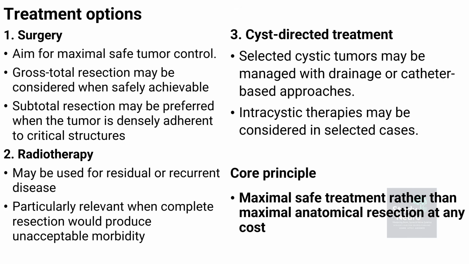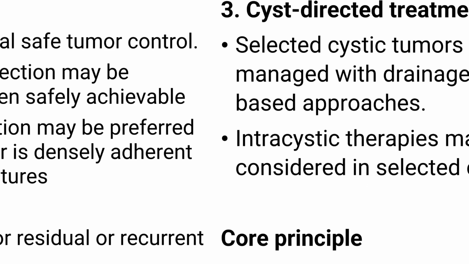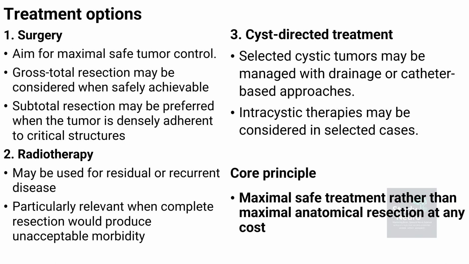When the tumor can be separated safely from critical structures, complete removal may be considered. However, if it is firmly attached to the optic pathways, hypothalamus, or major blood vessels, leaving some tumor behind may be safer, because forcing complete removal can produce serious long-term disability.